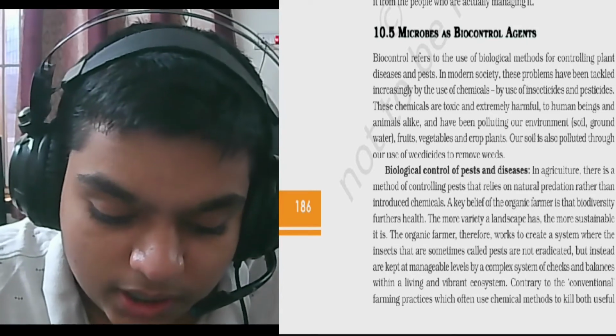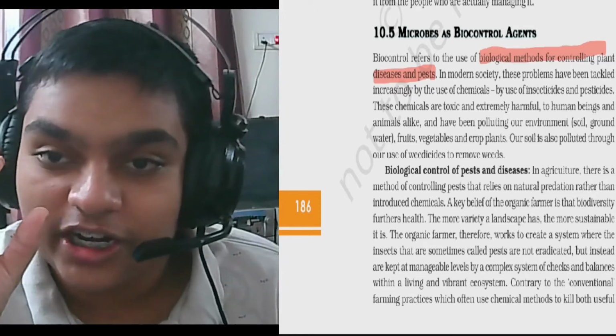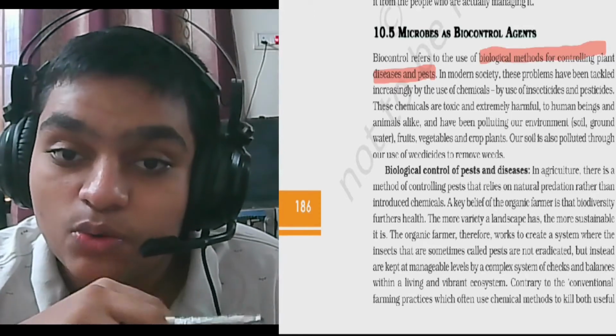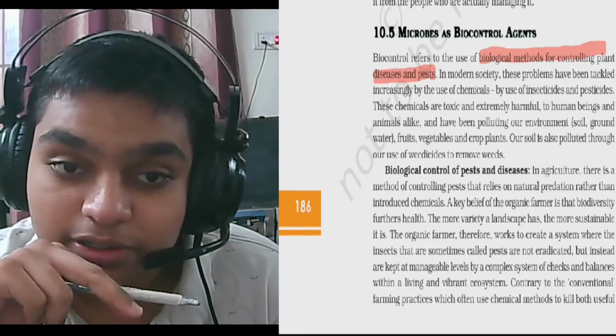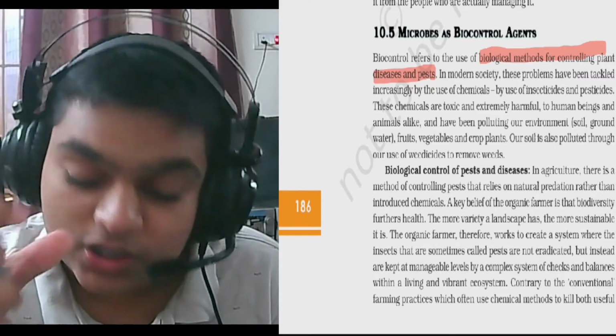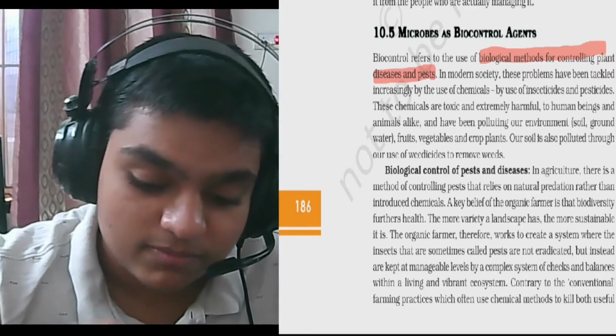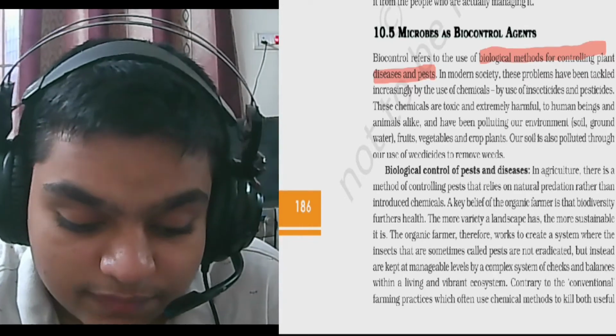Biocontrol refers to biological methods of controlling plant diseases and pests. See here, you have to understand the difference between biocontrol and biofertilizers. Biocontrol only controls the diseases, without spreading. In modern society, these problems have been tackled increasingly with the use of chemicals.